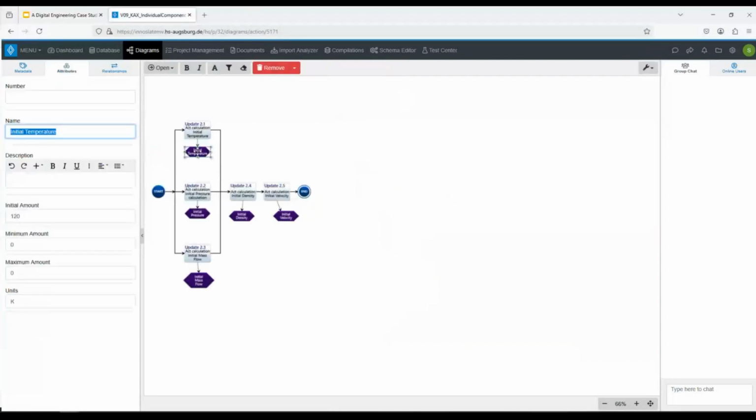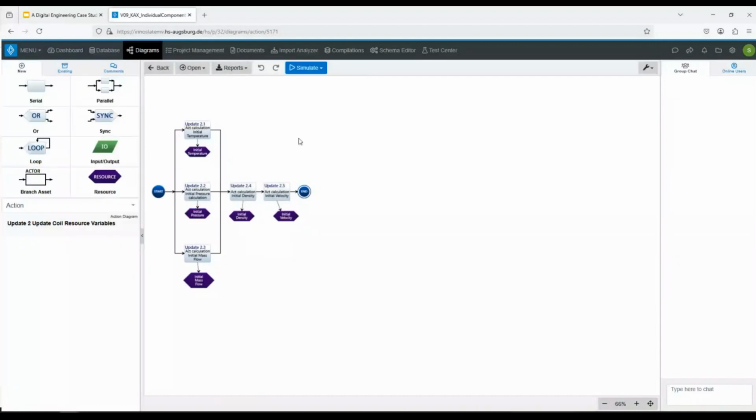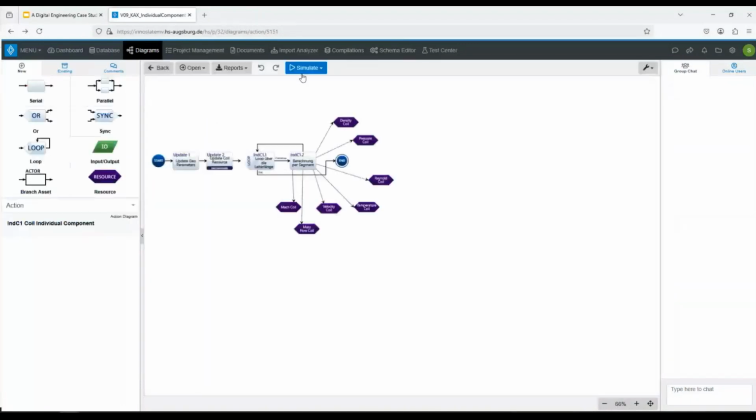Yeah, we have an initial entry temperature of 120 Kelvin, an initial pressure of 6 bar. And let's see what the cooling system does.